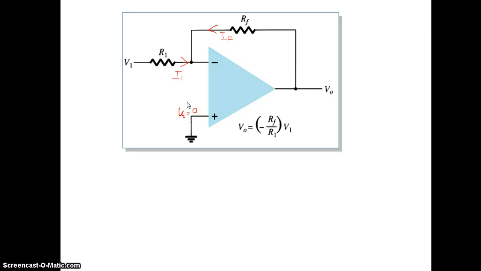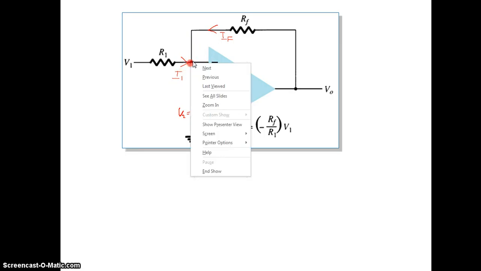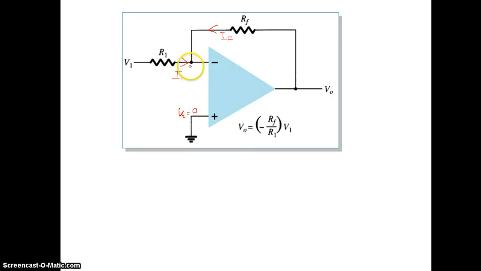Now, by the virtual ground concept in an op-amp, this terminal voltage is 0. That means the voltage at this point also should be equal to 0. So this is at a potential of 0.